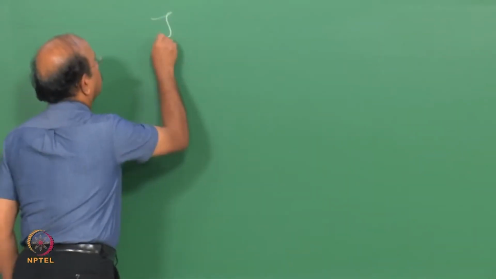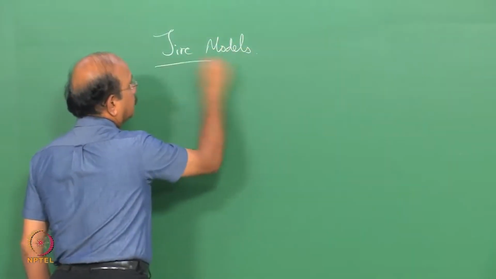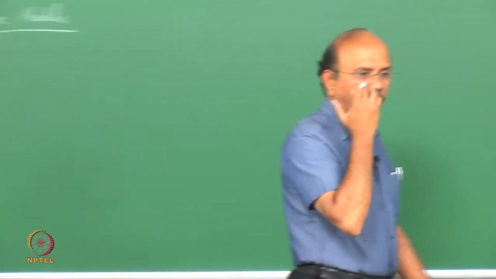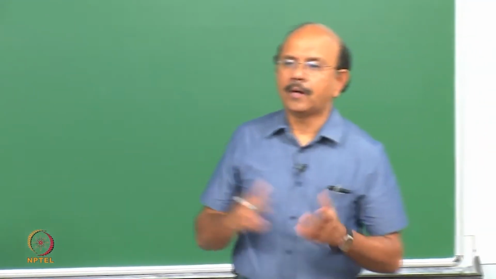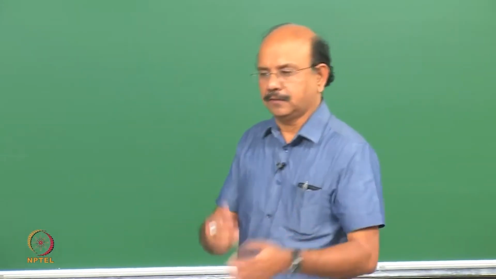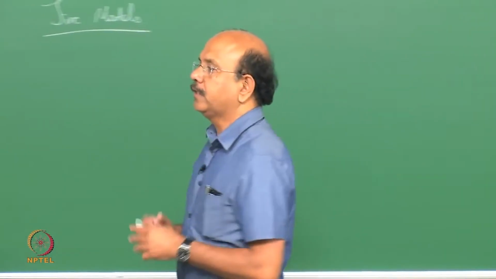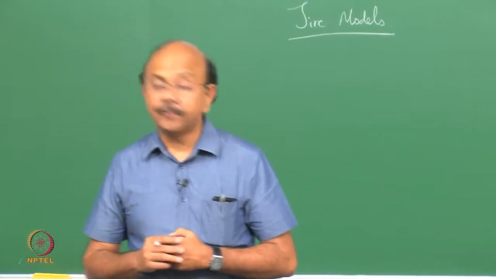This is a very important word today in vehicle dynamics, because all people who use or who are interested in vehicle dynamics, they use one software package or the other, be it Adams or Carson or whatever it is. So they are interested in the way the tire behaves.